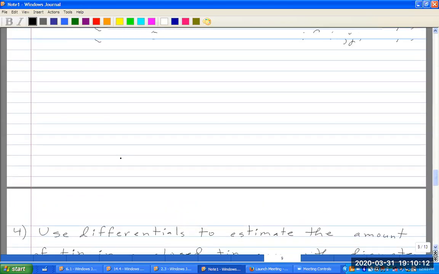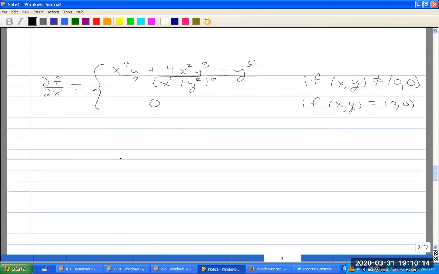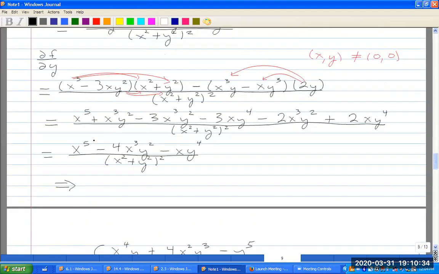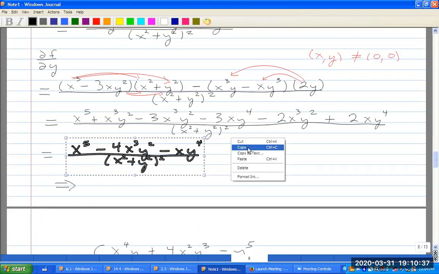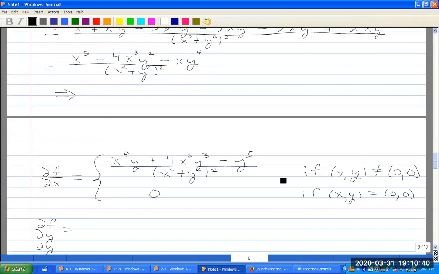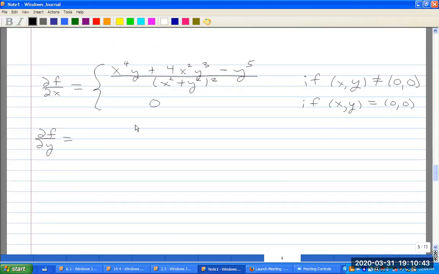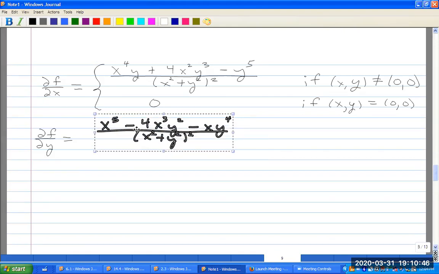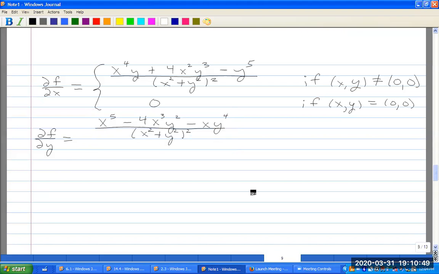Okay, and we've also shown that the partial of f with respect to y is, there it is right there. This is if we're not at the origin.